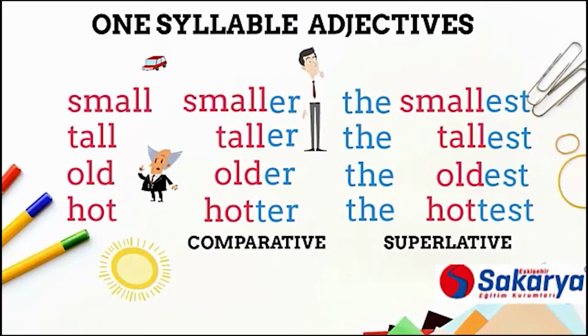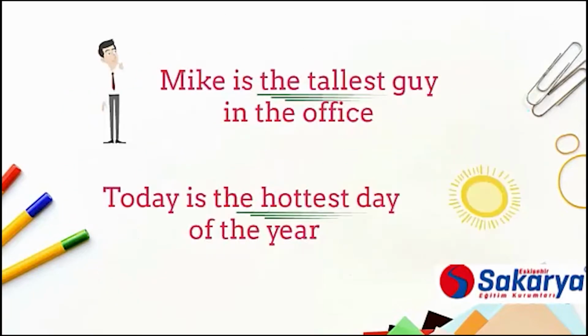Repeat after me: small, smaller, the smallest; tall, taller, the tallest; old, older, the oldest; hot, hotter, the hottest. These are adjectives with one syllable, so we just used the and est at the end.